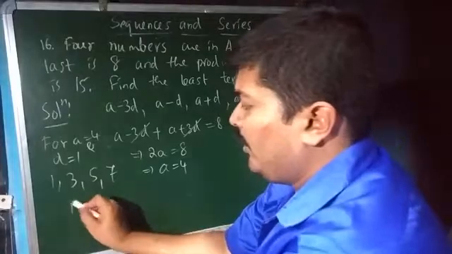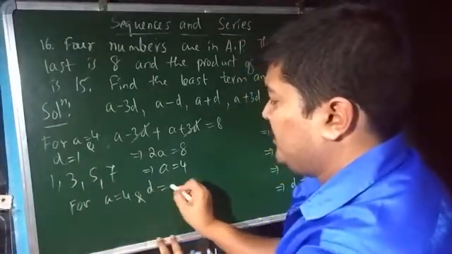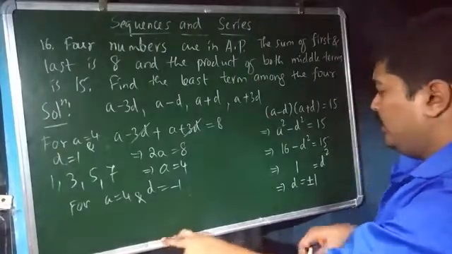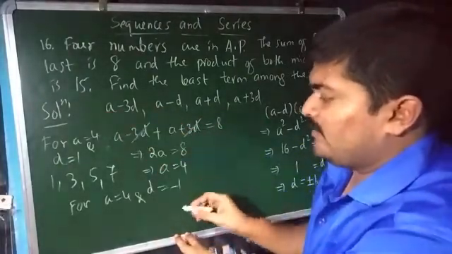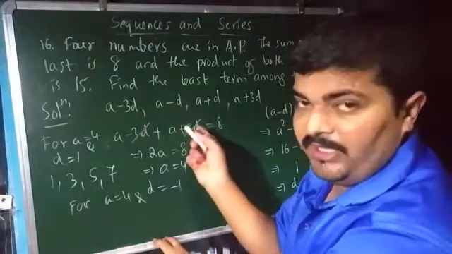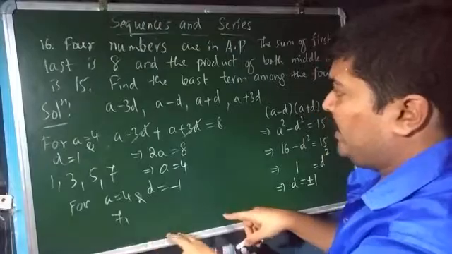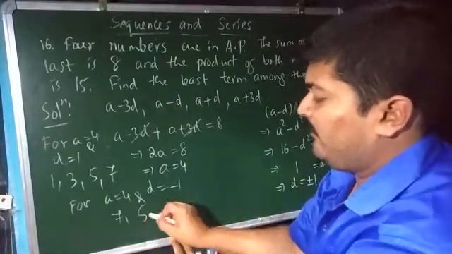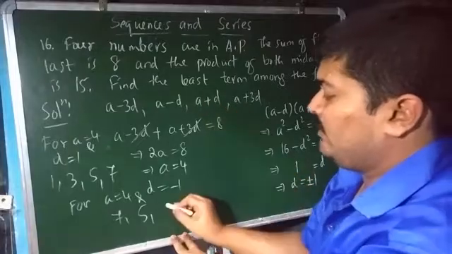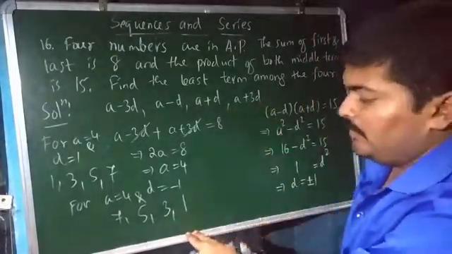Next, for a equal to 4 and d equal to minus 1: 4 minus of minus 3, minus 3 into minus 1 is plus 3, you will get 7. Next, 4 minus of minus 1, that is plus 1, you will get 5. Next, 4 minus 1 is 3. Next, 4 minus 3 is 1.